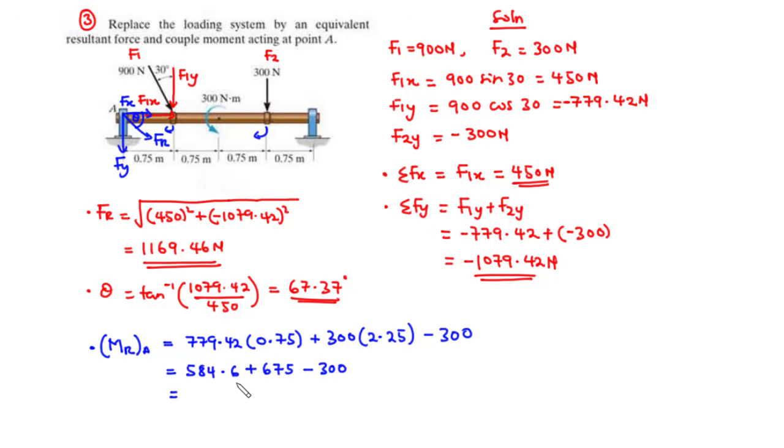Now when you evaluate this, then you have 959.6 Newton meter in the clockwise direction. Now you can simplify this as approximately equal to 960 Newton meter.